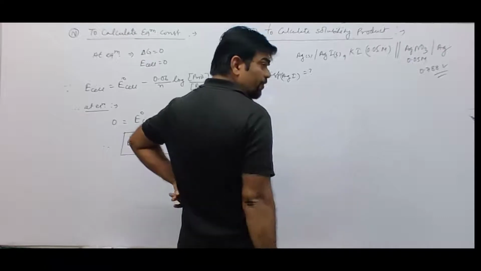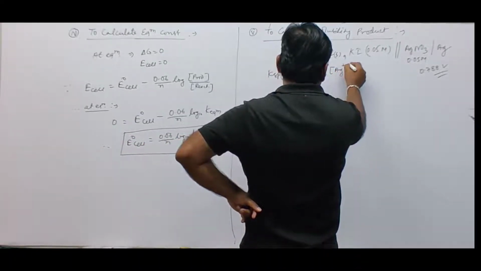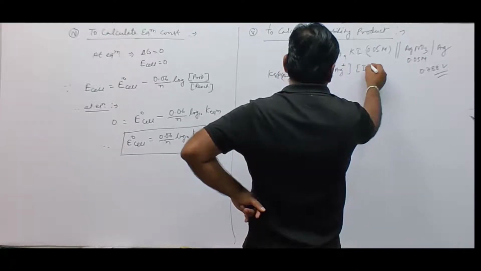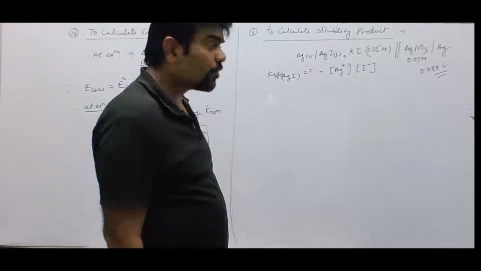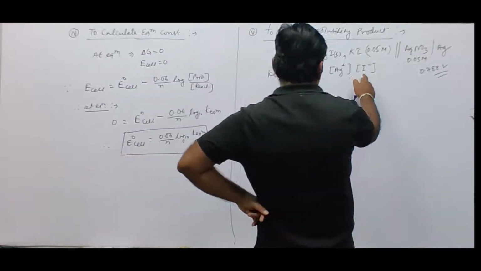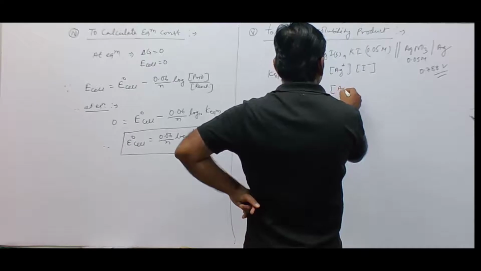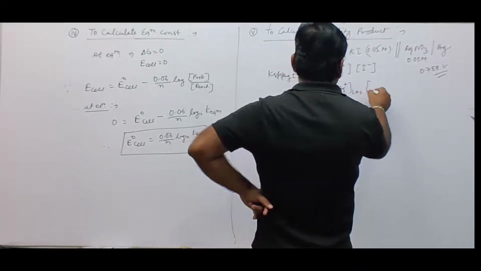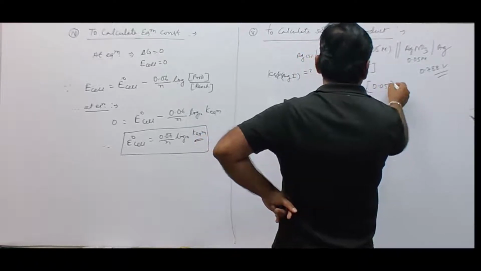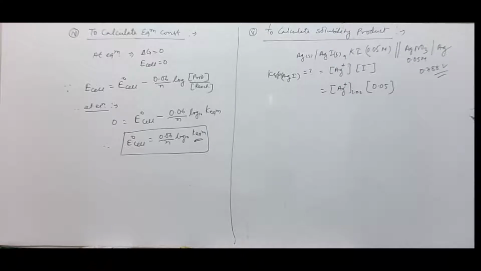We know that Ksp of AgI is the molar concentration of Ag plus into the molar concentration of I minus. The molar concentration of I minus is known, which is 0.05. The molar concentration of Ag plus in the LHS is not known. So we need to find out the molar concentration of Ag plus in the LHS first.